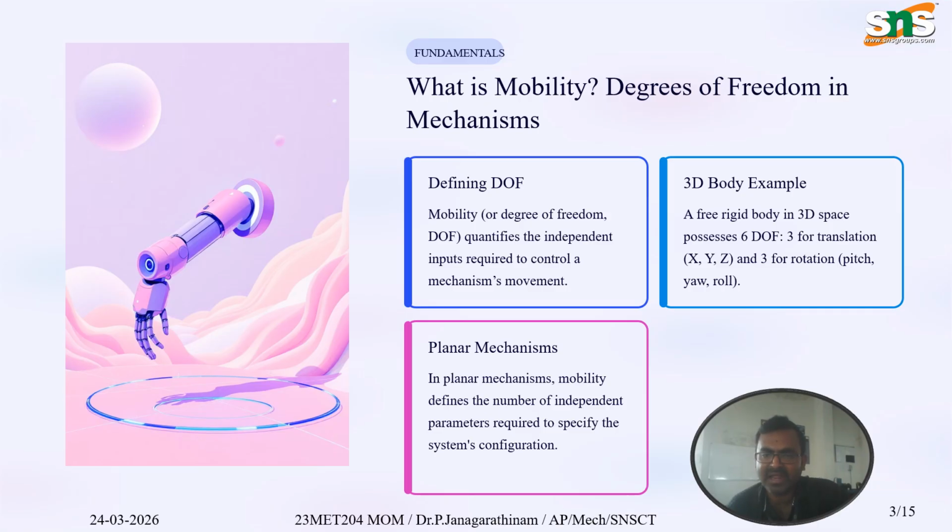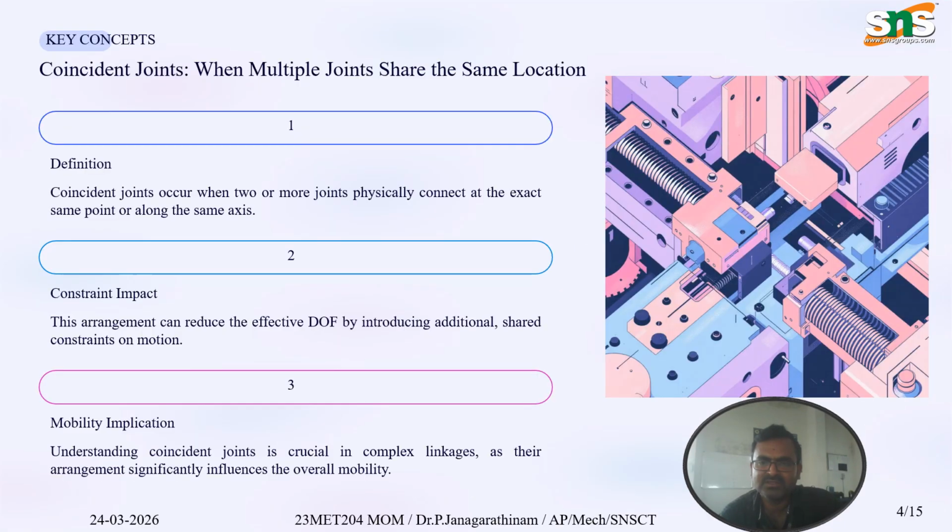Next is the planar mechanism. In planar mechanisms, mobility defines the number of independent parameters required to specify the system's configuration. Now, coincident joints: when multiple joints are at the same location, coincident joints occur.